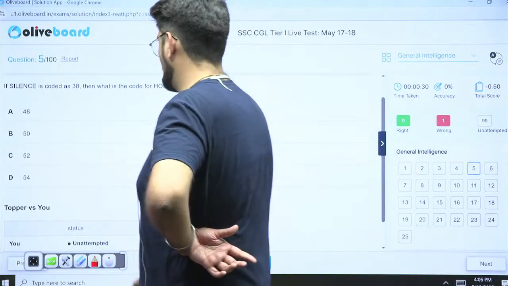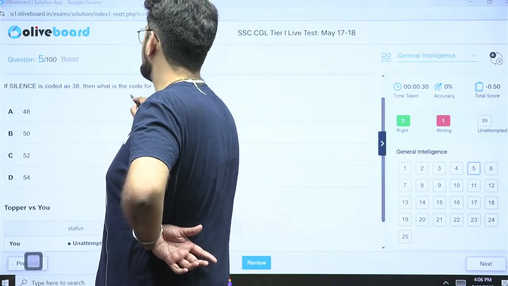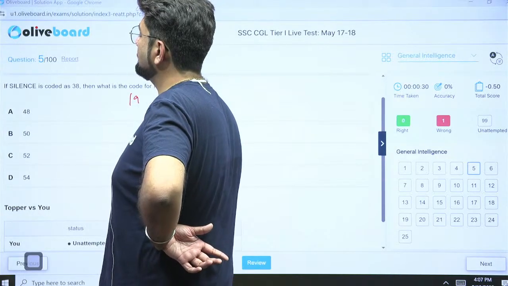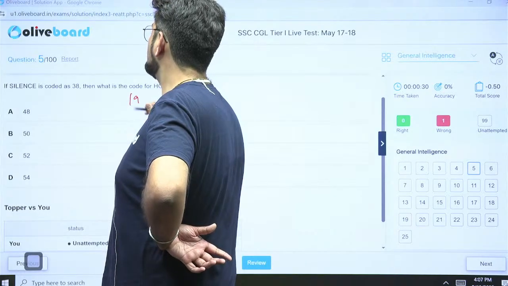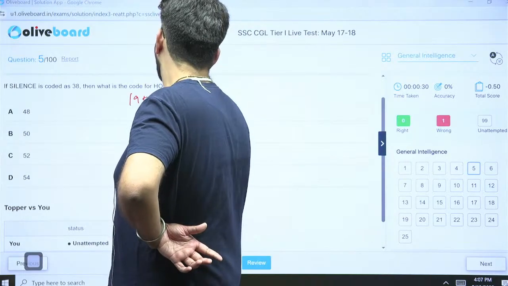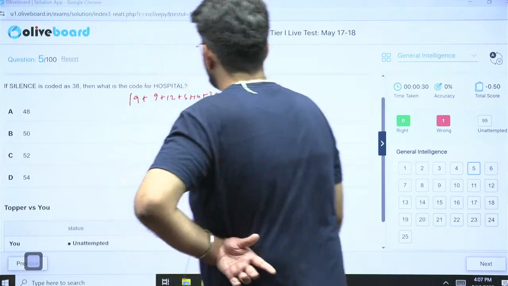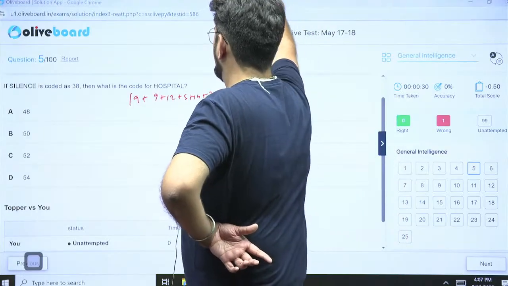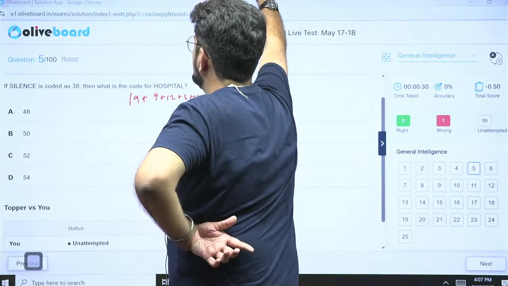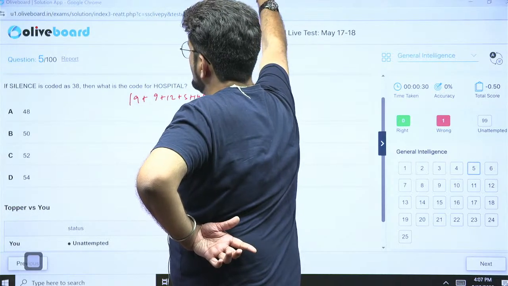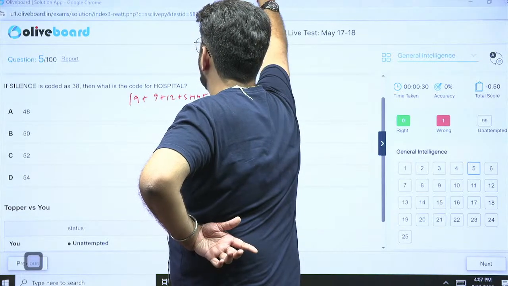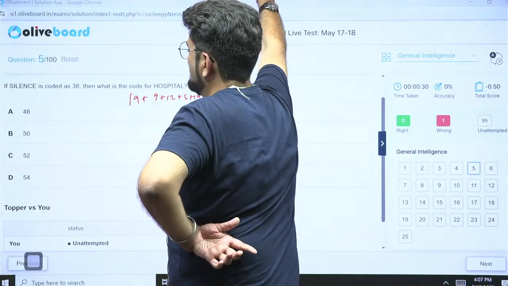Silence is coded as 38. What is the code for hospital? Pretty easy, I think. If you add silence, 19, 28, 45, 48, 53, 67.